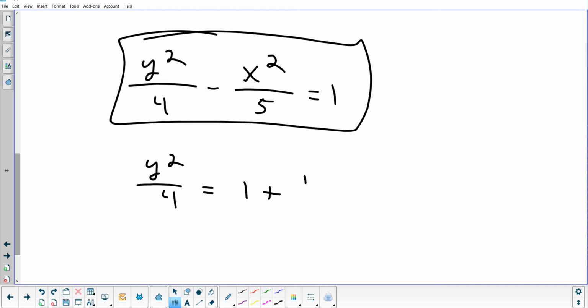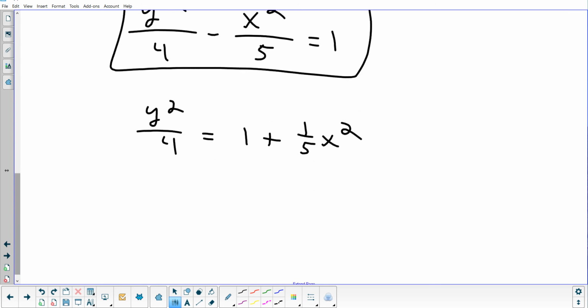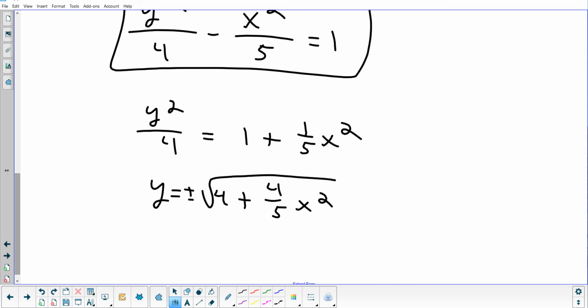So let's do 1 plus 1/5 x squared. Okay, what would we do next? Multiply by 4. Take square root of. So that's a distributive property, 4 plus 4/5. And then the last step? Square root. So I'm just going to go like this. And how many answers do you get when you do square root? Plus or minus.